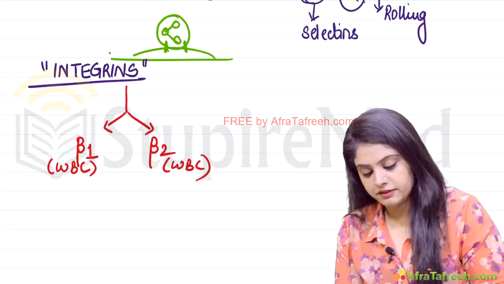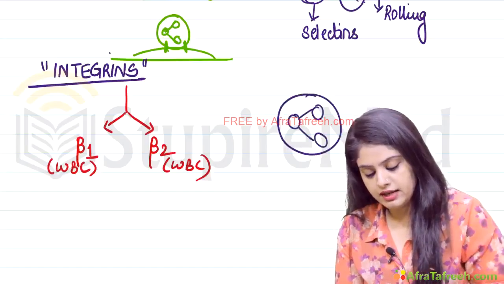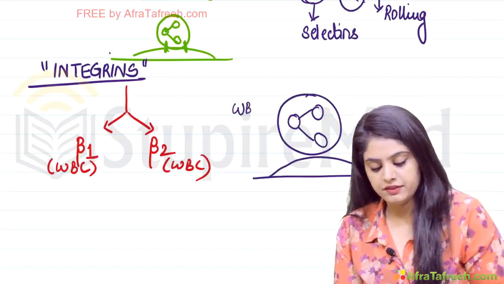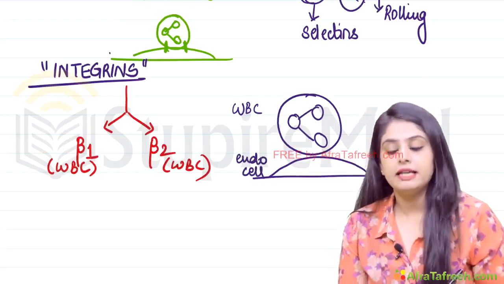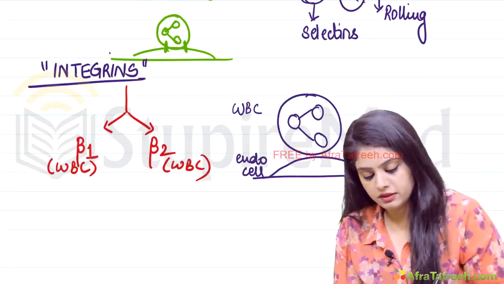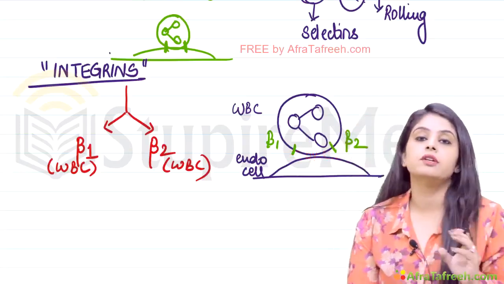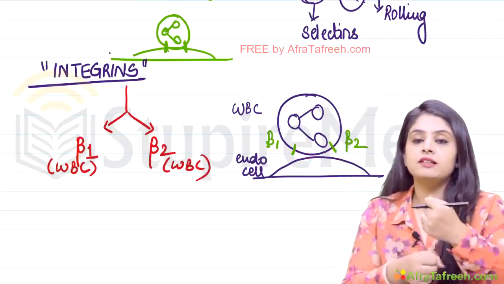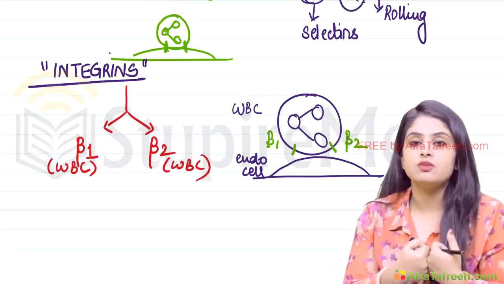So if this is a WBC and this is an endothelial cell, where will beta 1 and beta 2 integrin be present? It will be present here. Say this is beta 1 and this is beta 2. Beta 1 and beta 2 always on WBC. There is no exception. But as we said, if two cells are attaching to each other, both of them should have some molecule, only then attachment will occur.